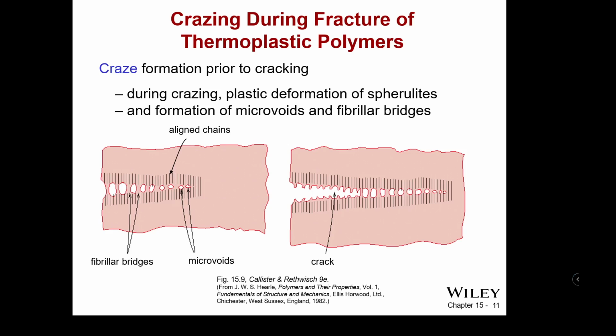As that crack propagates, those fibrillar bridges become smaller, and those microvoids start to join together, and you get failure of the material. So the crack propagation is the continual formation of those voids as the total number of chains gets smaller and smaller and smaller.